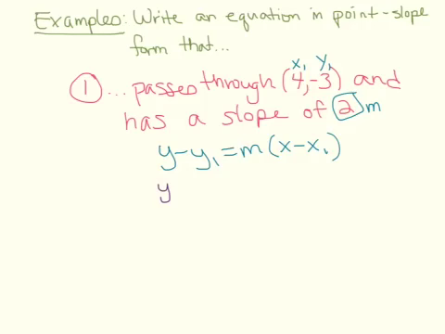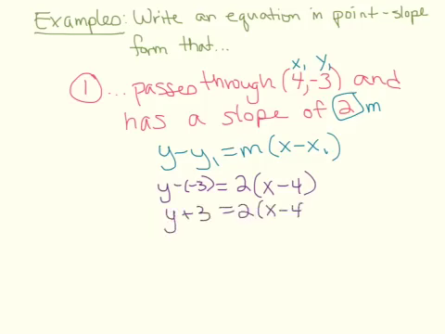By the way, we have a y1 of -3. Since we have a y1 of -3, it will become positive. Just keep that in mind: if you have a negative, you will end up with a positive by the time the problem is over. And this is my answer for number 1.